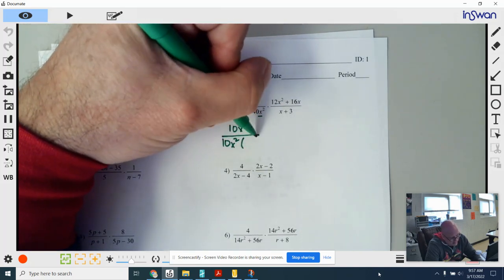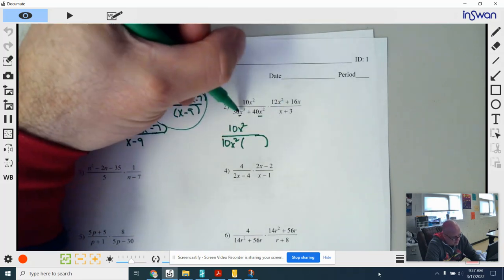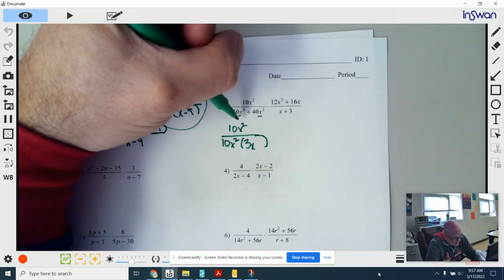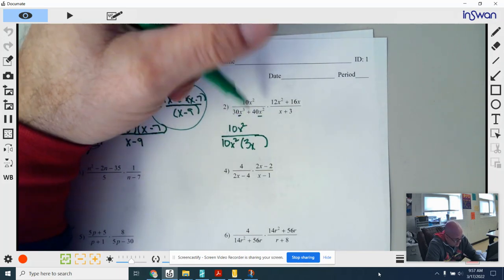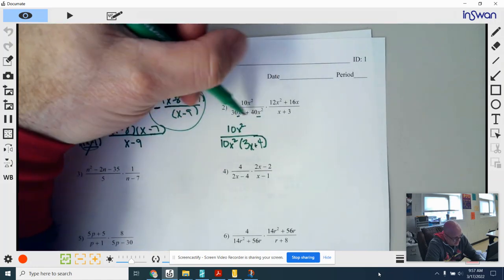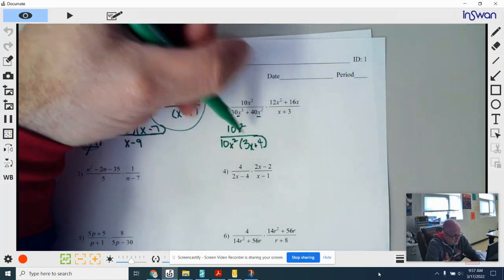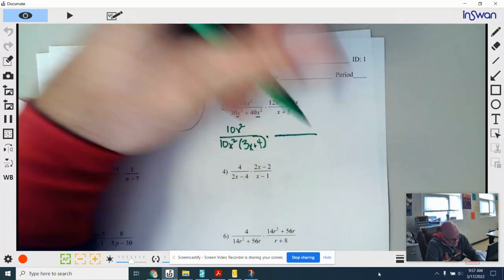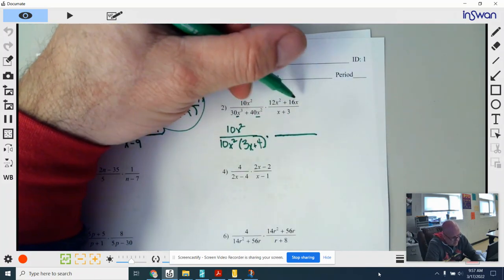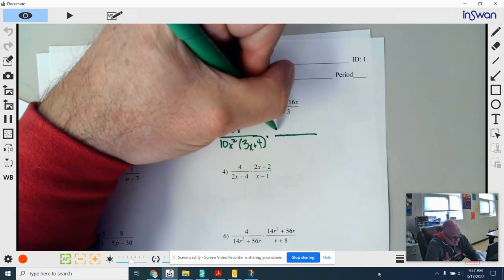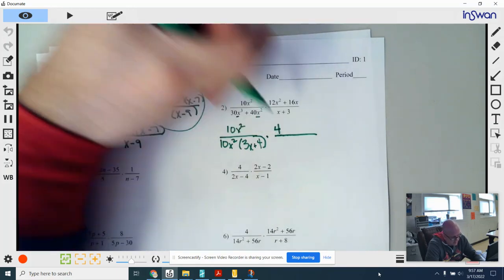And then I need to put back what it would take to multiply to that. So if I take that times 3x, that's 30x cubed. And if I take that times a 4, that gives me that 40x squared. So that's just factored out on the bottom. Now up top here, I see 12x squared and a 16x. So again, I'm thinking, what's my GCF? 12 and 16, it's going to be a 4.